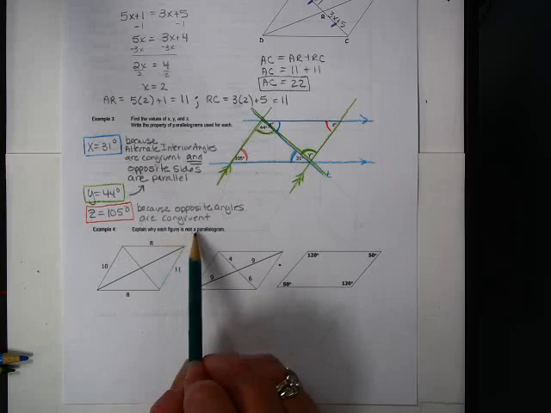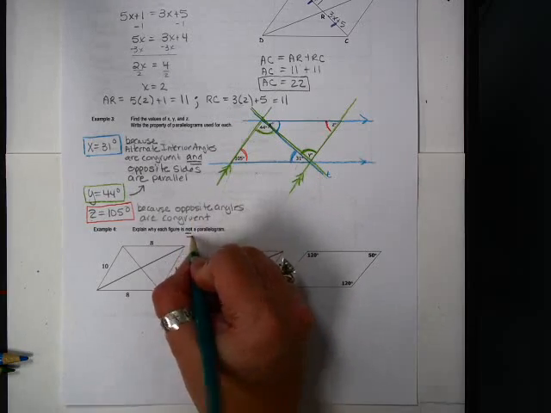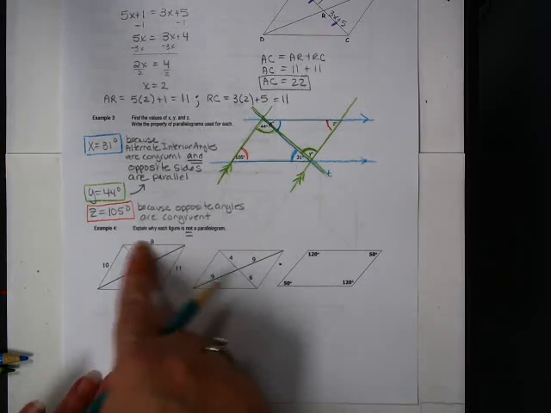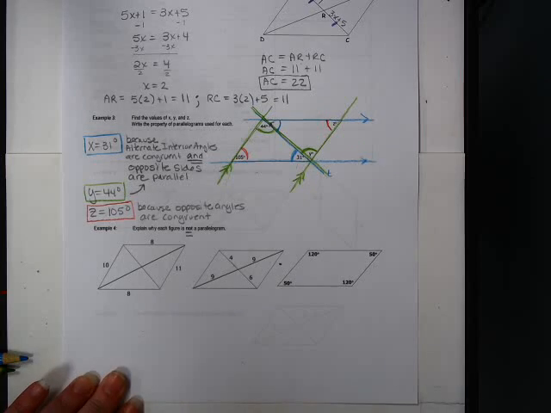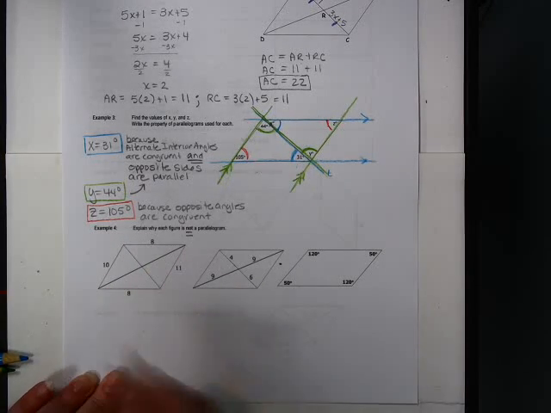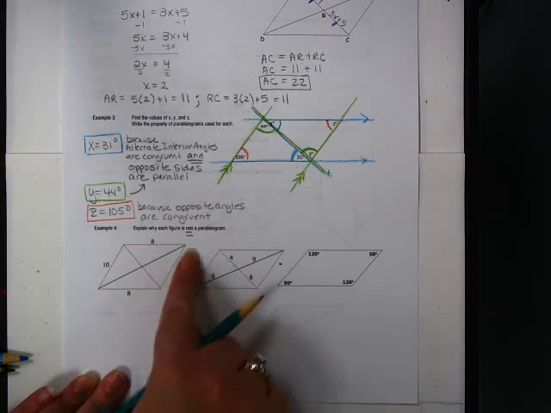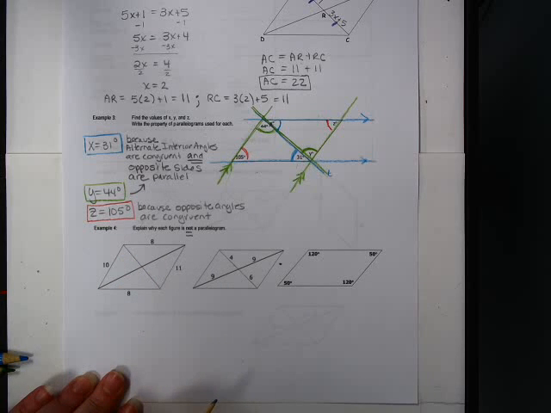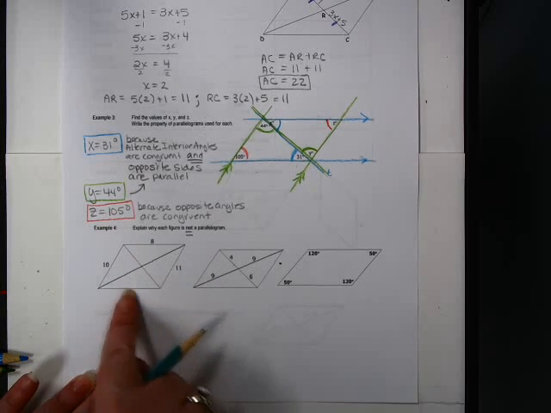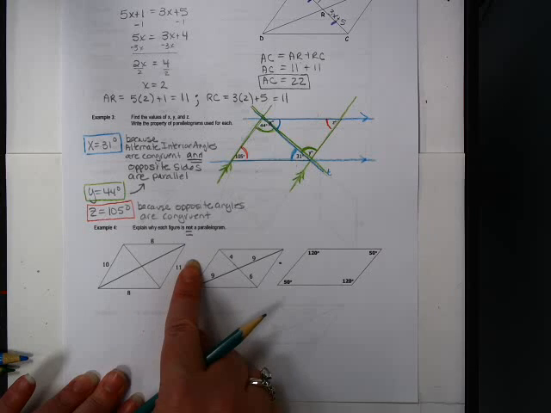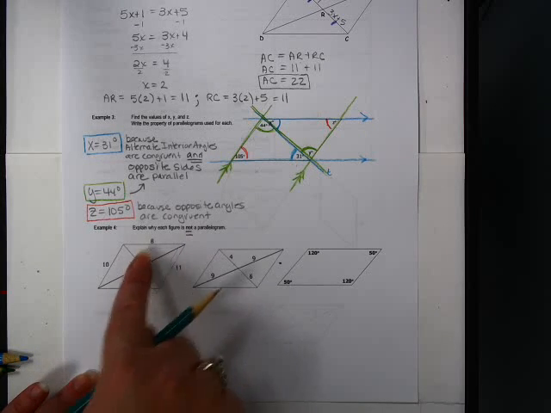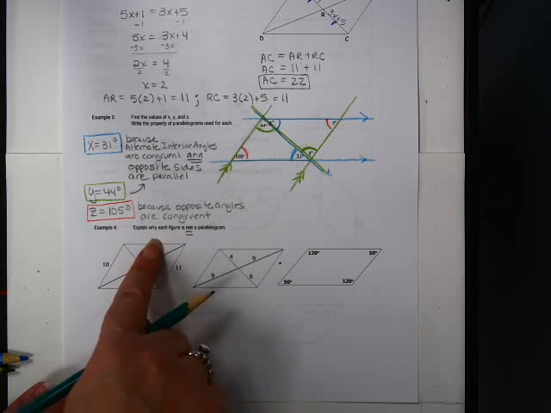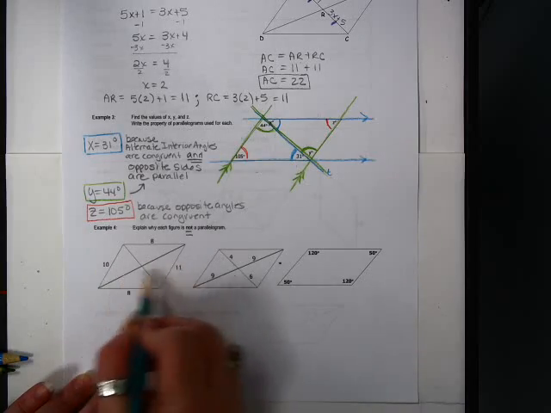Explain why each figure is not a parallelogram. If I look at this one, I see that they have diagonals, but I don't see anything marked. And I see angles, but I don't see any angles marked. So it has to be the sides. I don't see any parallels, so it has to be the congruents. You see that one's 8, that one's 8. So these are congruent, but these are not.